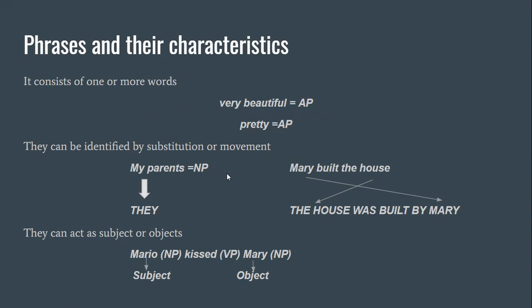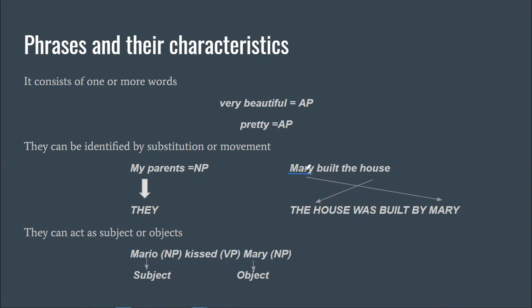They can be identified if we substitute them or we move them. For example, in this case, we have my parents, which is the noun phrase, and I can substitute it by they. And here we have Mary built the house.